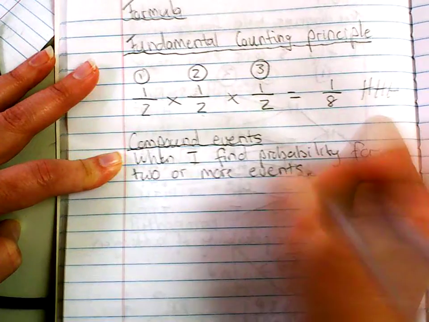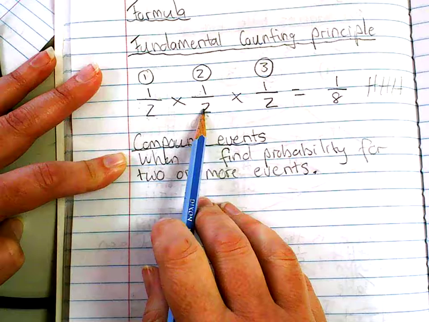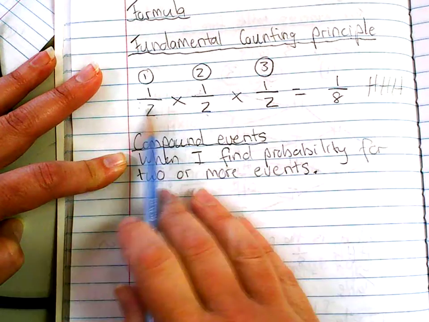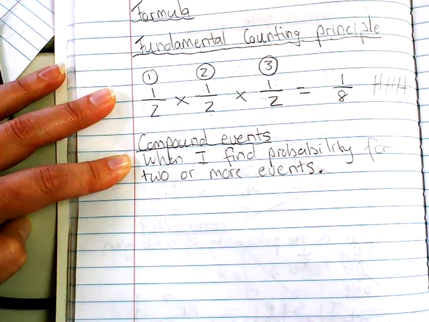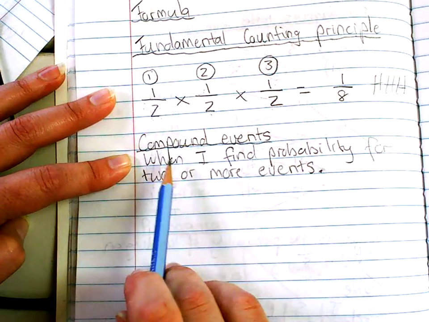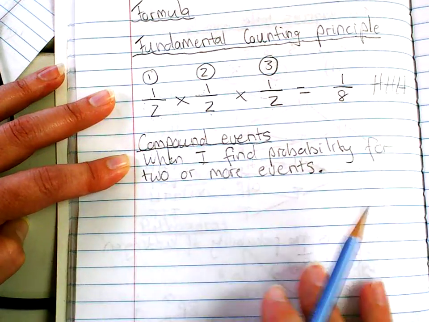Because if you look at the coins, this is another event, so that's 2. This is another one, so that's 3. So compound events is getting the probability for 2 or more events. We're going to practice this fundamental counting principle one more time.